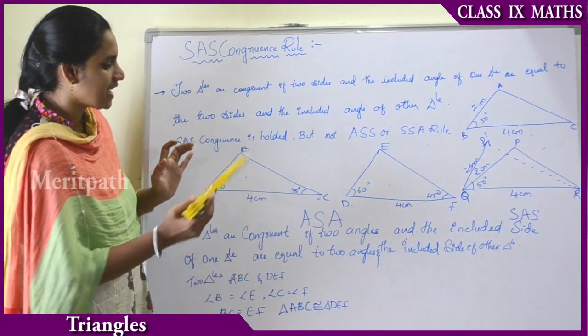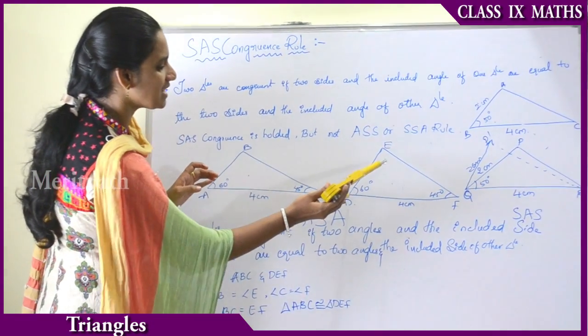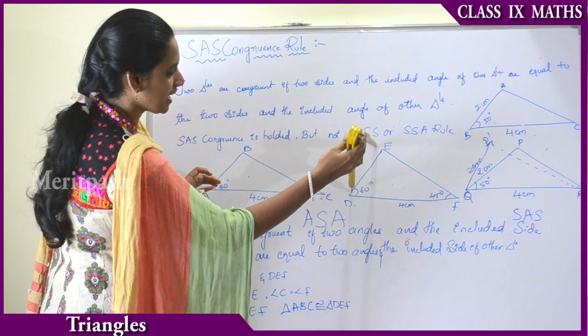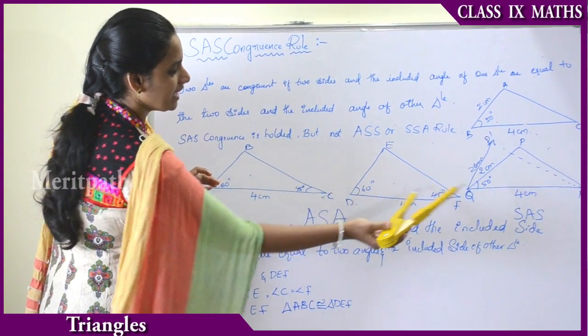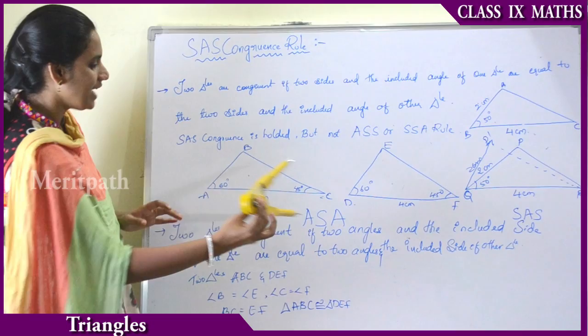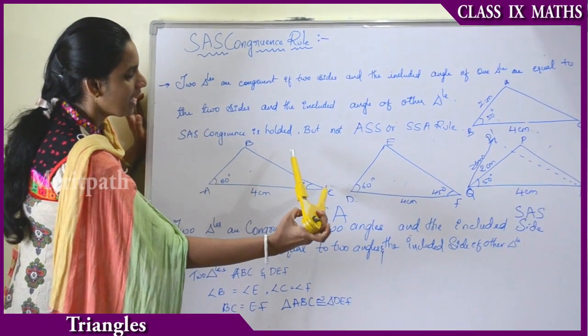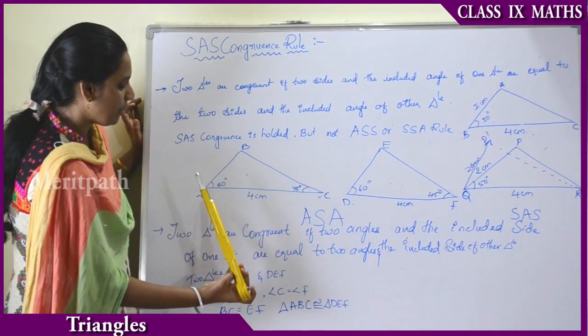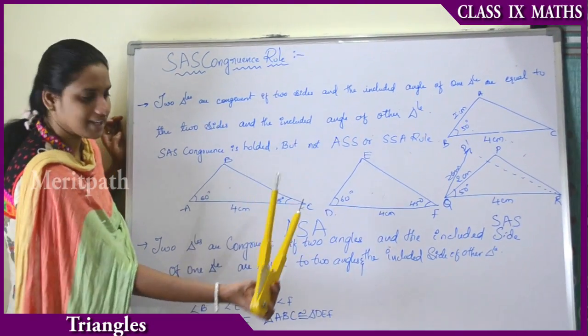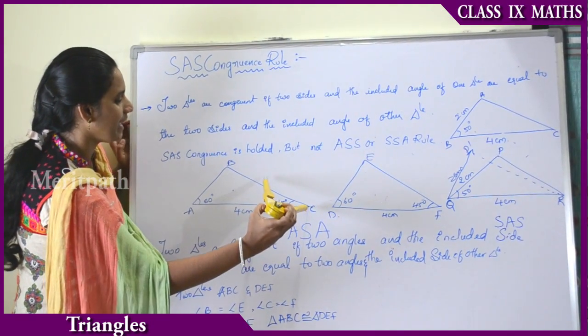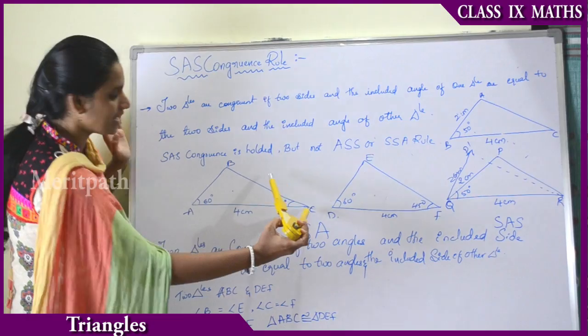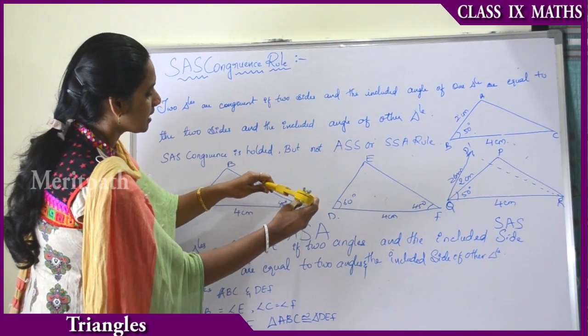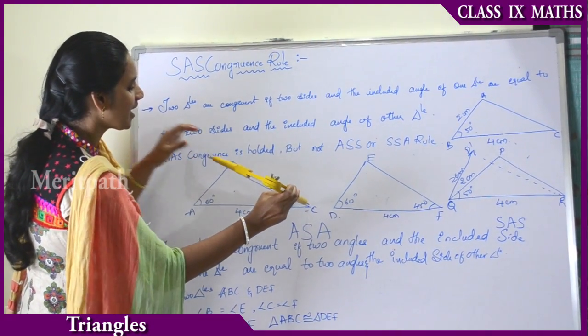And I am taking the same measurement and drawing the same angle of 60 degrees for the second triangle having base DF of 4 centimeters, right? And next I am taking the second endpoint of this side AC. From here I am taking 45 degrees, right? And I am cutting the first line.